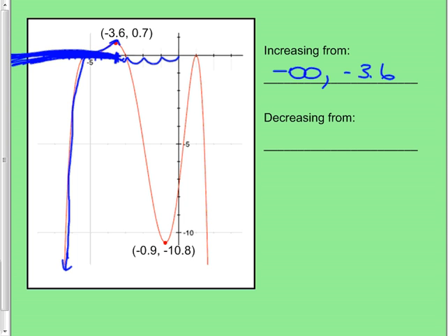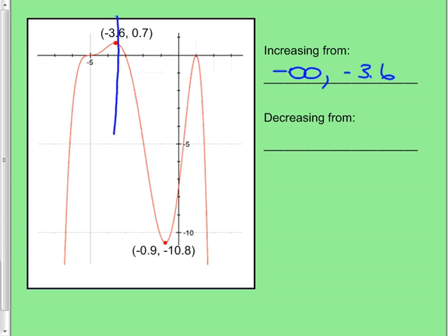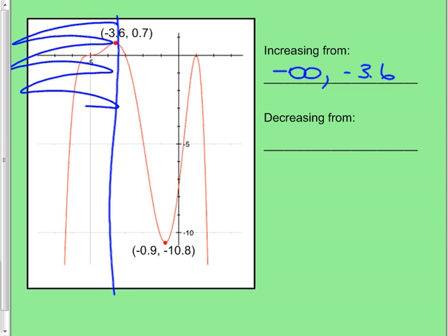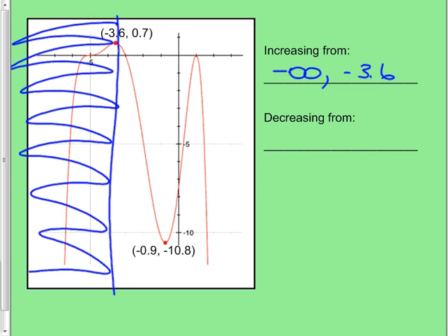How about this? In this zone here, maybe if I make the whole thing dark, maybe this will help some of you. In that zone there, do you get it was increasing? So how do I say that zone? I say that zone from this way to that way.